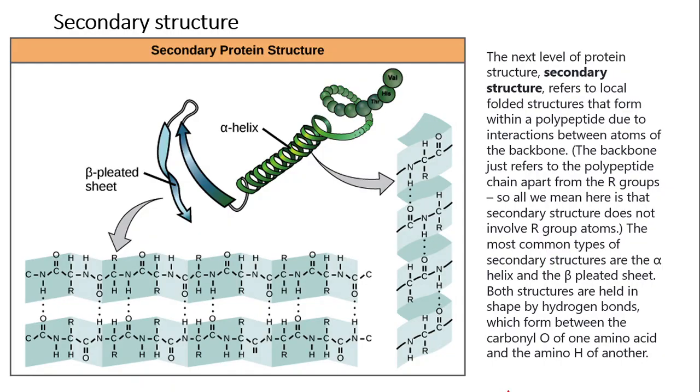The second kind of structure is the secondary structure. Secondary structure is the existence of helices, sheets and turns. For example, if you have a particular protein sequence, it tells you that this part of the sequence will become a helix, this part will become a sheet, and this part will become a turn.